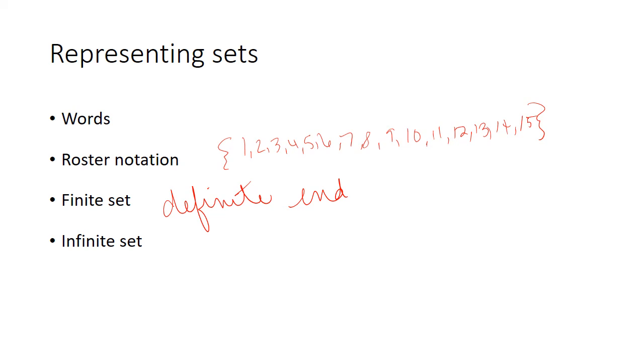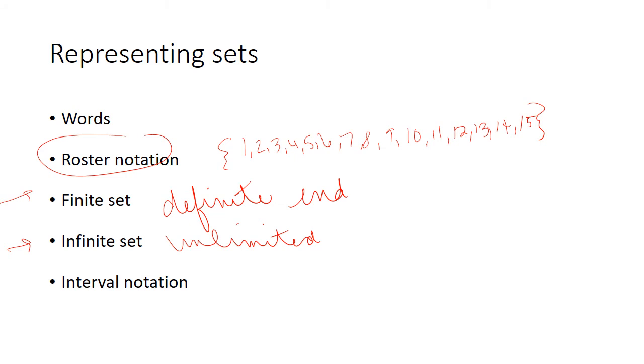If you have an infinite set, we would say that it is unlimited. The other way you can write a set, and you can do either one of them, is interval notation. The two types that we're really going to use are roster notation and interval notation.